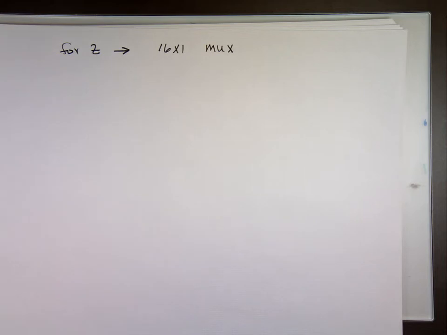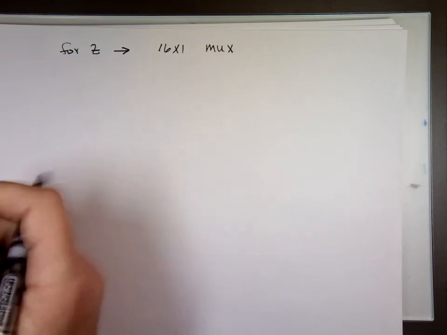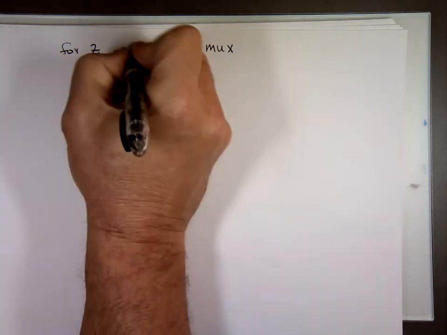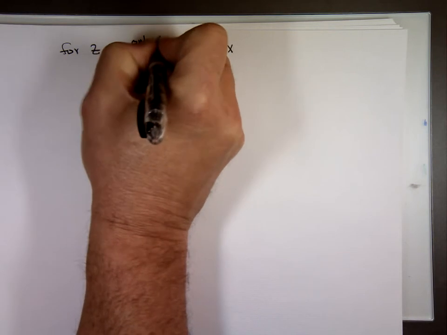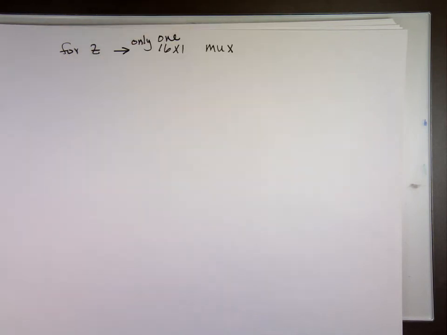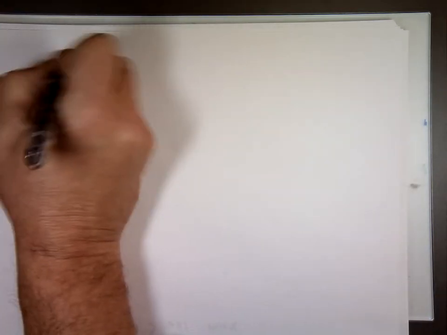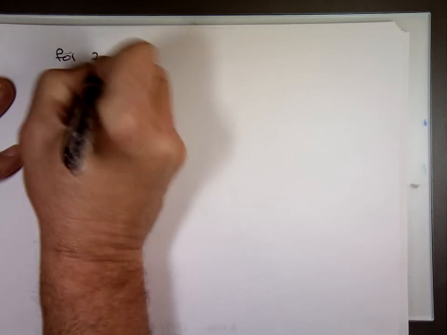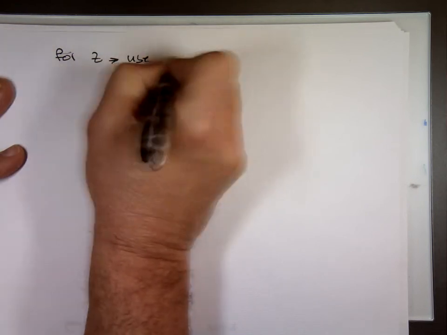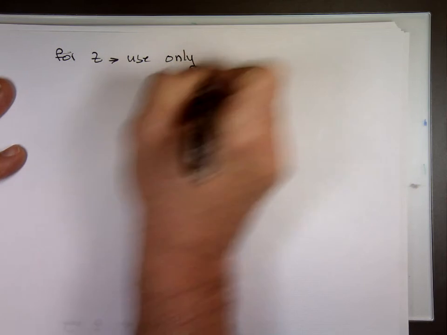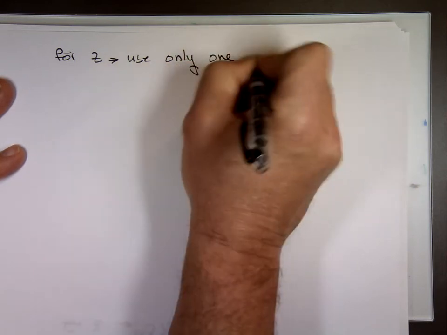You can use 2 though, right? Technically. I could use 2 and use chip enable for them and all that. So I'll make it clean. For Z, use only one 16 by 1 mux. Your circuit's already a mess.